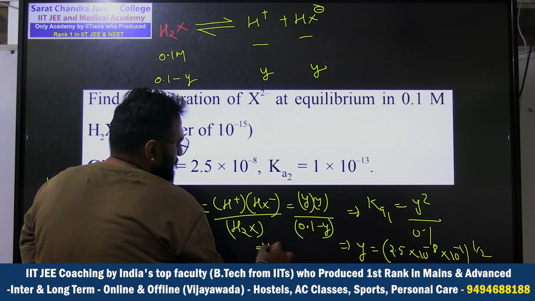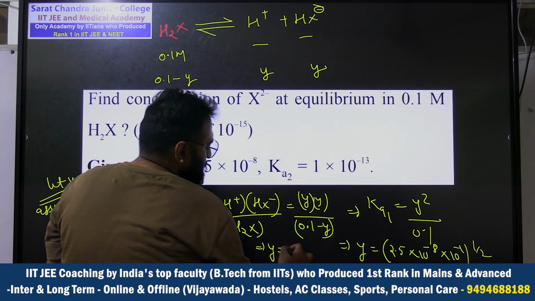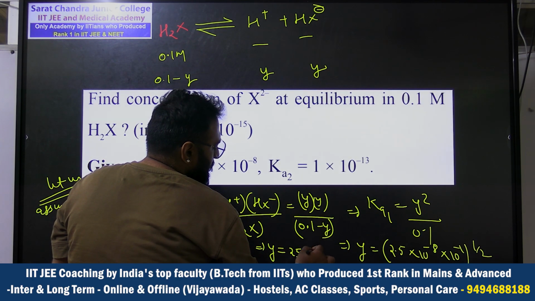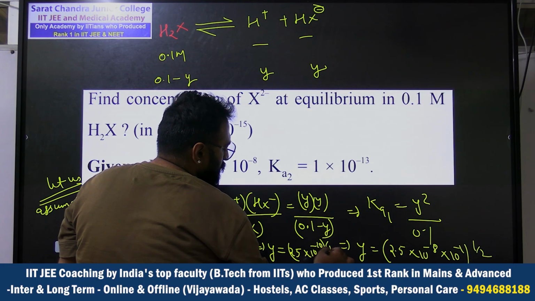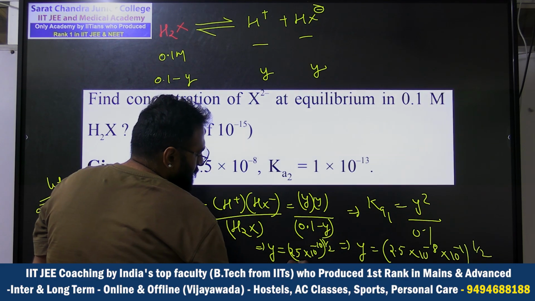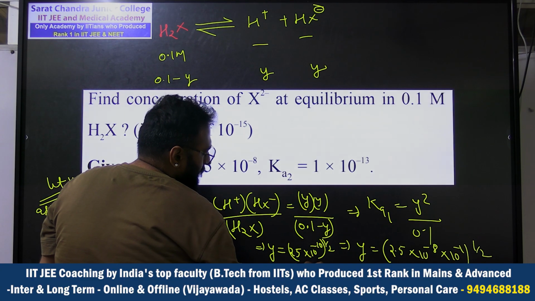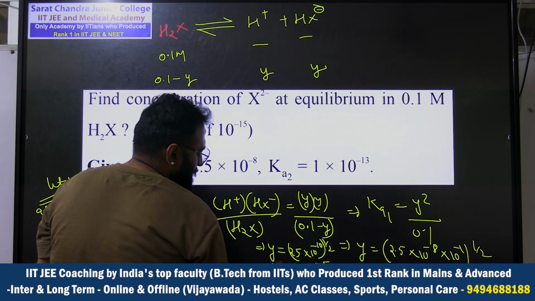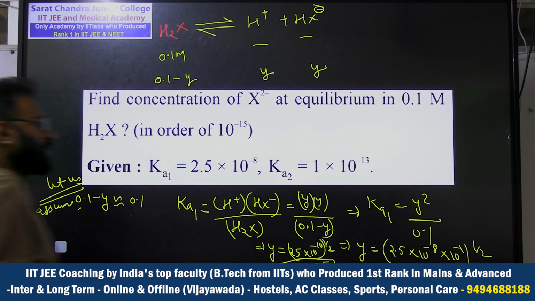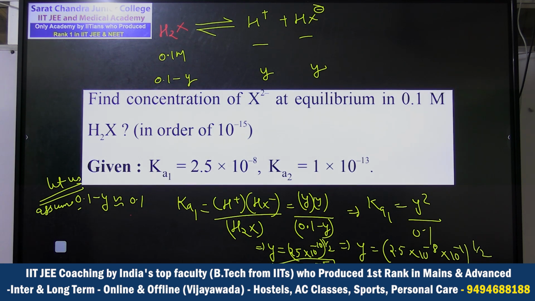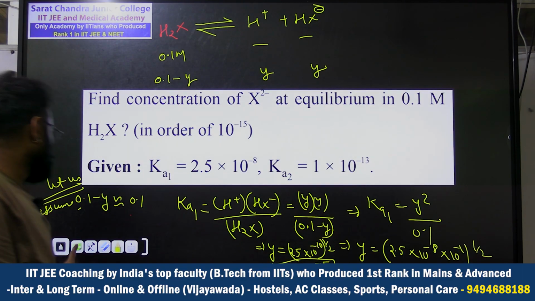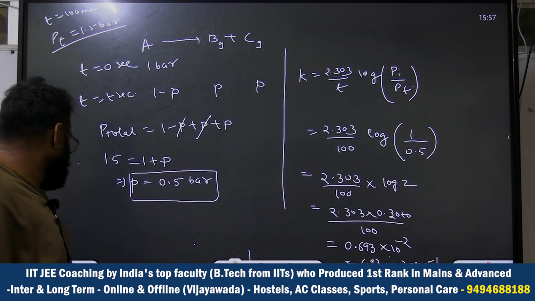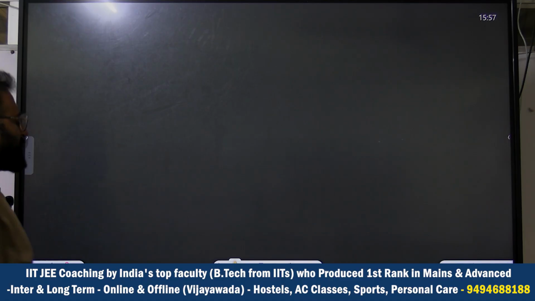So what is y? y squared is 25 into 10 to the power minus 10, so y is equal to 5 into 10 to the power minus 5. The value of y is 5 into 10 to the power minus 5, correct. Now we need to find the concentration of X2 minus. Now how will we find it? Again take our equation.